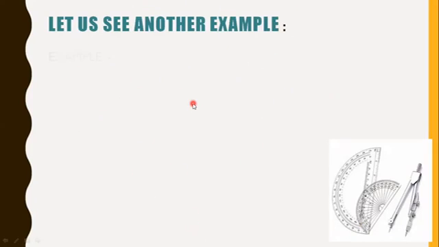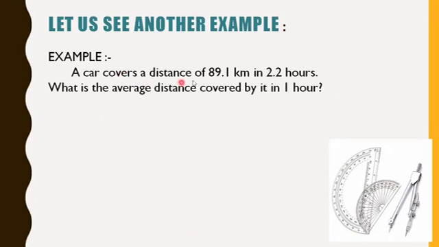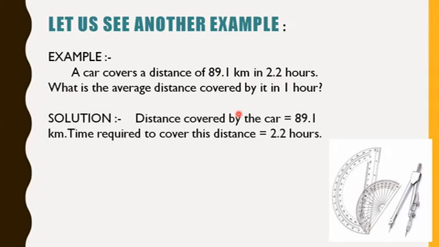Let us see another example for division. A car covers a distance of 89.1 kilometers in 2.2 hours. What is the average distance covered by it in 1 hour? The distance covered by the car is 89.1 kilometers, and the time required is 2.2 hours.